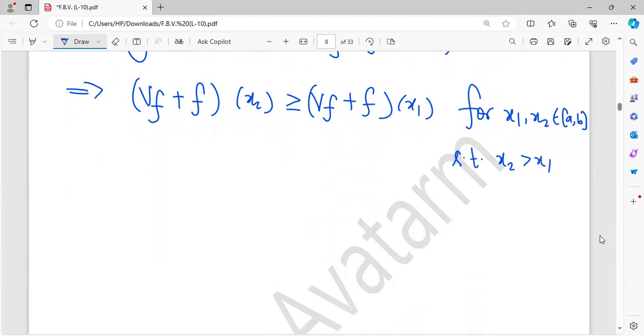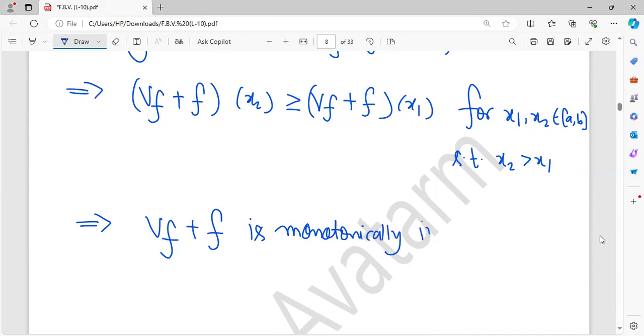So what does it mean? It means V_f plus f is monotonically increasing on [a, b].